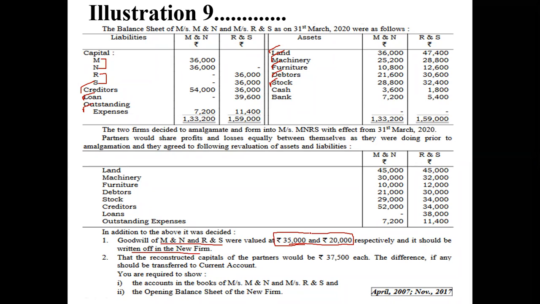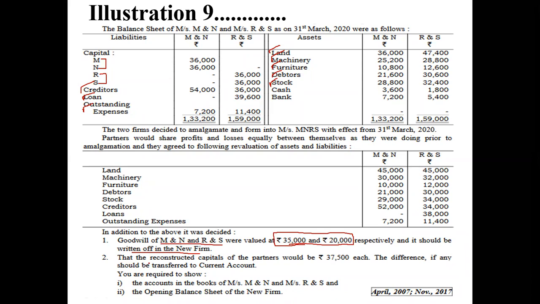Whatever goodwill we are taking in the purchase consideration statement, we are not going to write in the balance sheet, but we want to write it off. So when we add these two, it comes to 55,000, and this 55,000 will be written off in the new firm account. So when we make the partners' capital account, at that time we have to write off this goodwill.